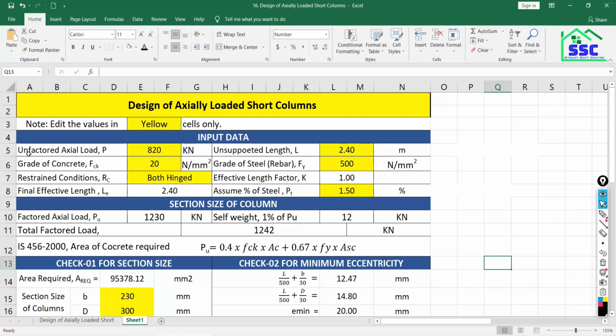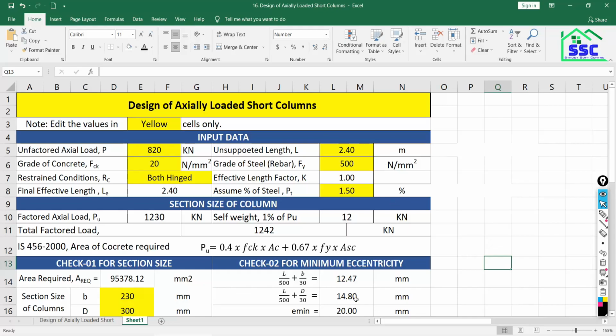Now without wasting time, we are going to start the calculation. First of all we have to put the unfactored axial load. As you all know, the 820 kilonewton force is given as the axial force on the required column. Next we have to put the value for the unsupported length of the column. First it is important to understand what is meant by unsupported length.